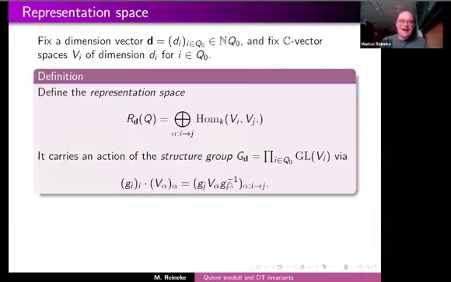And we make sense out of this g V g inverse by putting some indices in. The group elements g are indexed by the vertices of the quiver, and the maps V are indexed by the arrows of the quiver. And if you keep this in mind, then this is the only reasonable definition which you have.